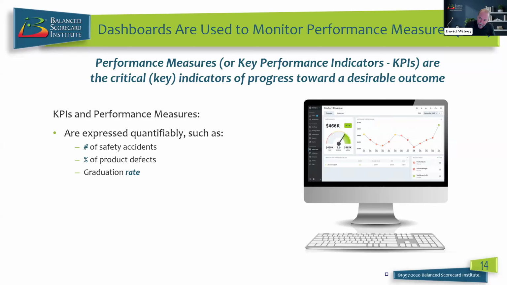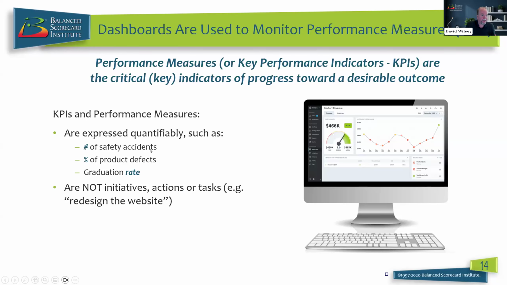And that might be important, but what we really want with our measures is something we can trend over time, like this. Something that we're counting, something quantifiable, like the number of safety accidents, as the slide says, or the percentage of something. So we're not talking about initiatives. Did we or did we not redesign the website? That's valuable, and it just goes in a different place in the system.